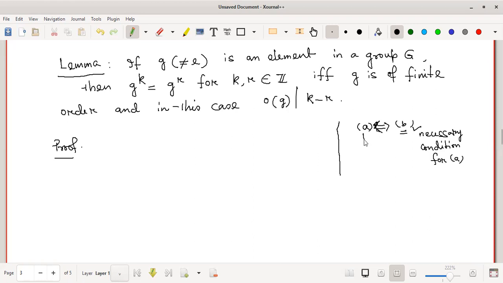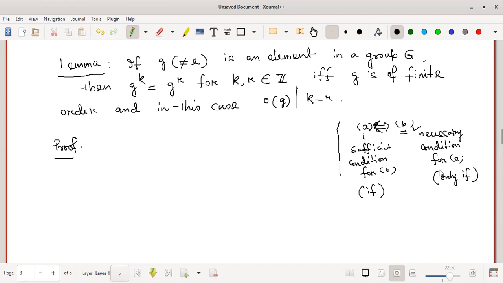A is called a sufficient condition for B. Sometimes the sufficient condition is called the if condition and the necessary condition is called the only if condition.